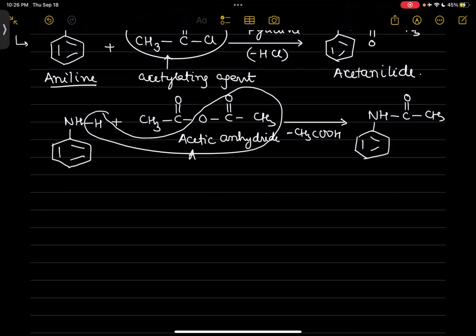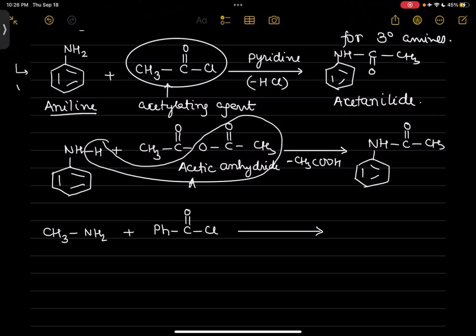Now, suppose what is the answer to this problem? This is the same as that of this reaction, but a little bit different, not exactly the same.